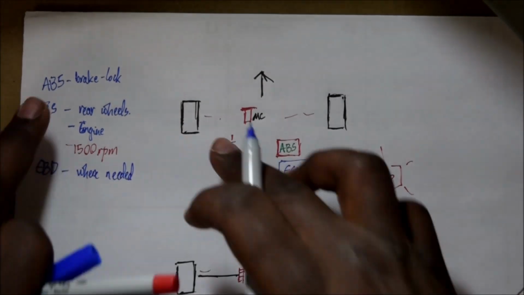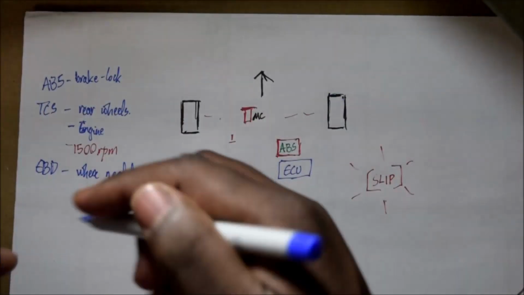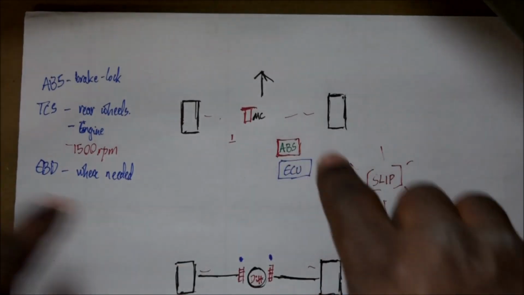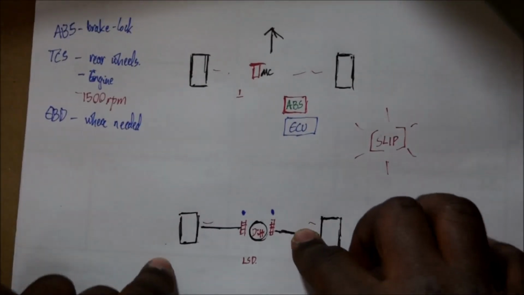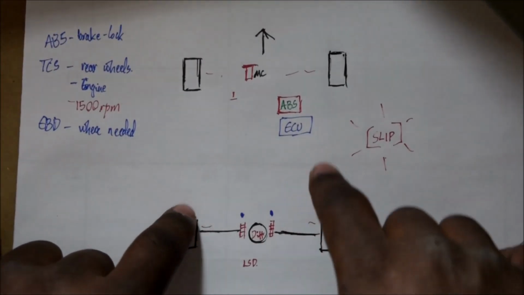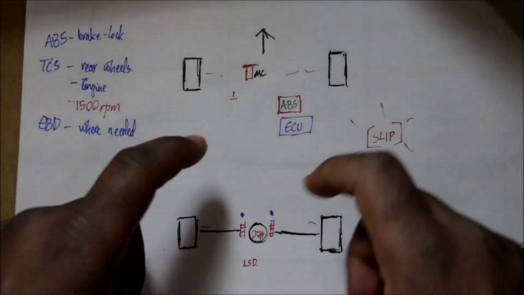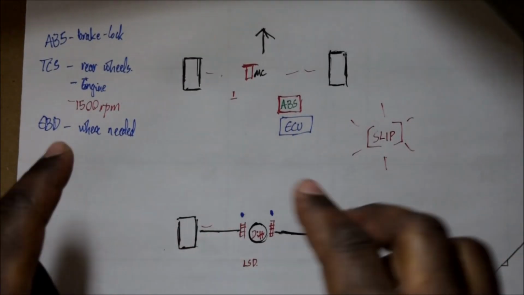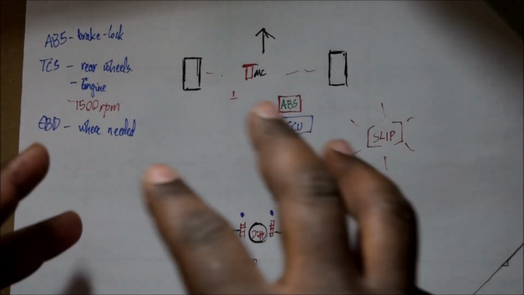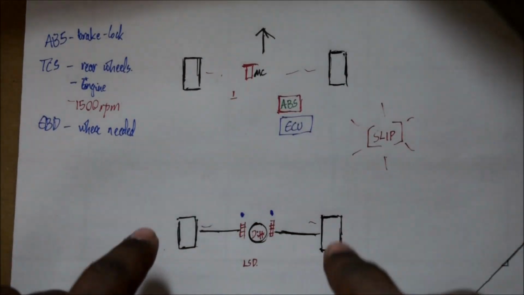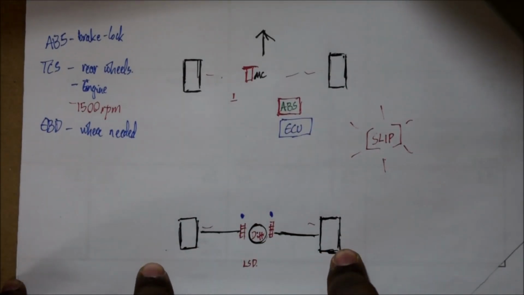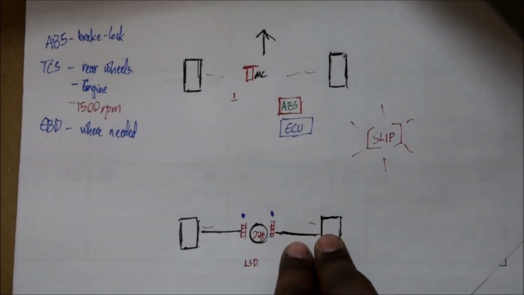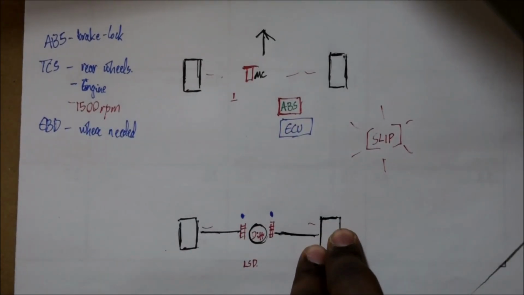So in that system, I explained that the TCS will send braking force to the rear, right? It monitors the rear, and it stops them from spinning. EBD explains that concept, where if force is needed to brake this one wheel, the EBD system says, hey, send it right there. Okay.